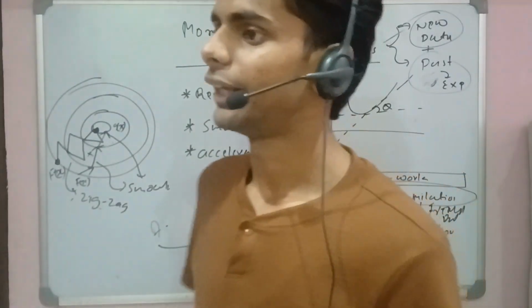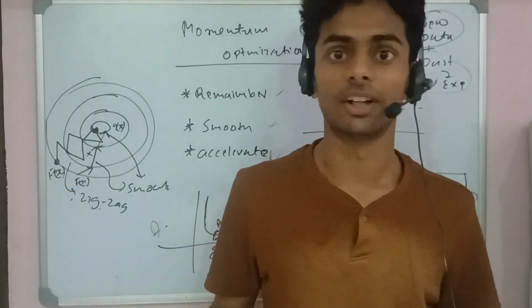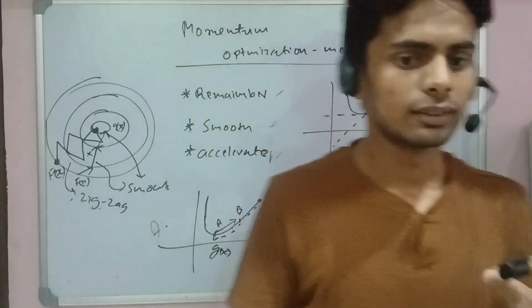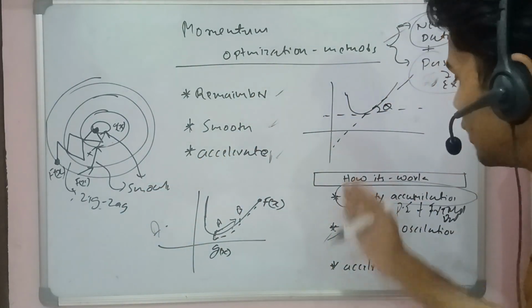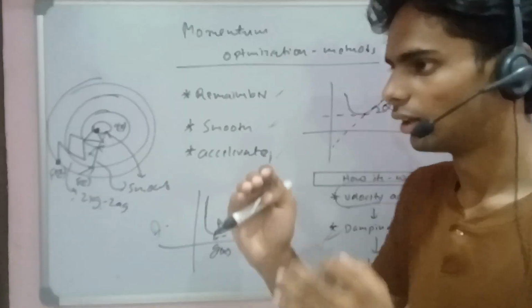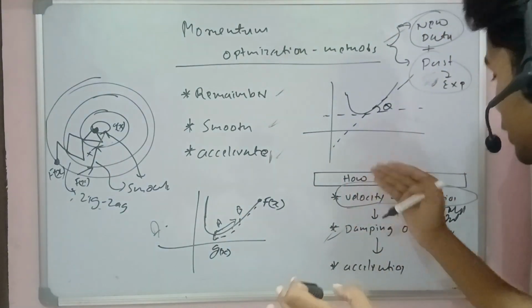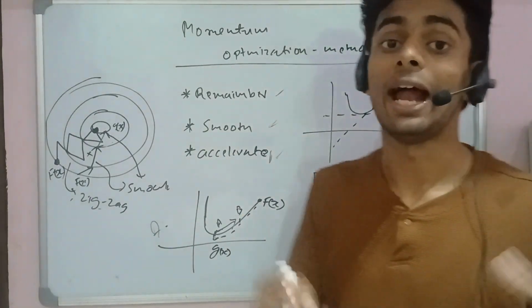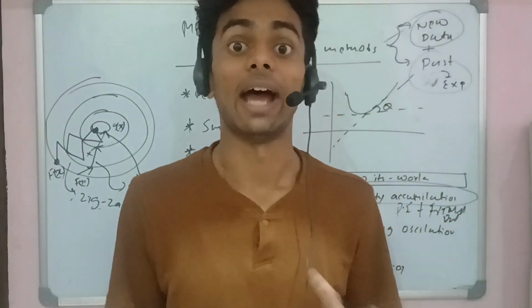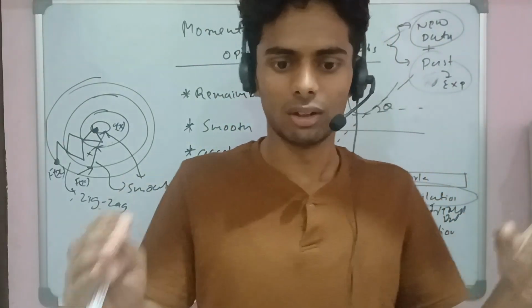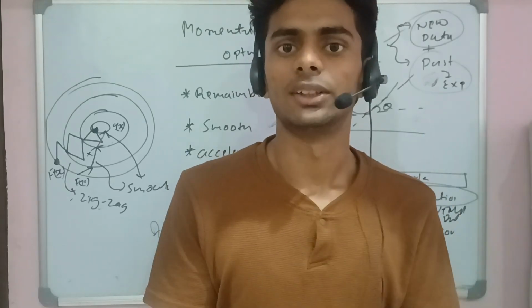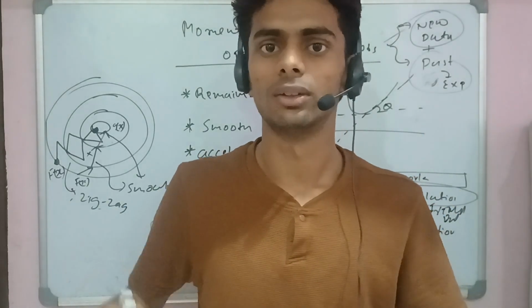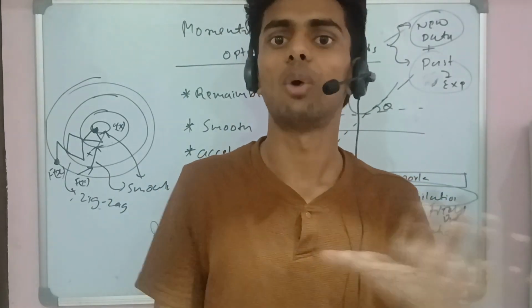The last point is acceleration. After all the reasonable steps, like velocity accumulation and damping of oscillation, we get acceleration at the end as output. Acceleration is one of the best ways: you have a direction, you have a smooth path, you only need to accelerate without any noise.